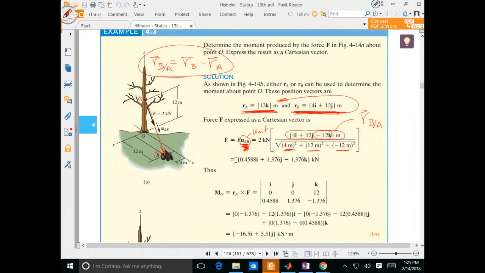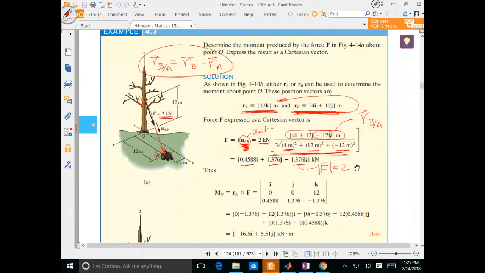So it's of length 1. And in fact, let's see, wait a minute, move this over to the side. Okay, and then he's defining this to be 2 kilonewtons. So he multiplies his unit vector times 2, and he gets this. If you look at the size of this vector, you know, this F should be length of 2 because he made it that way.